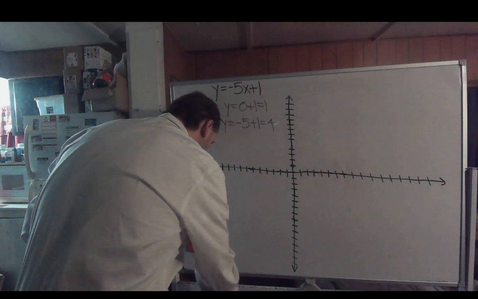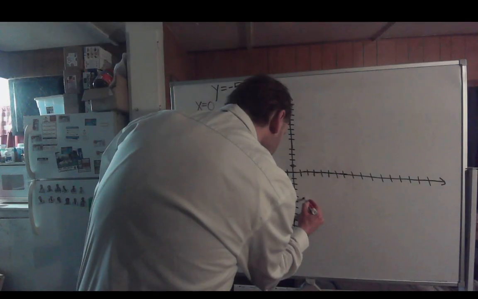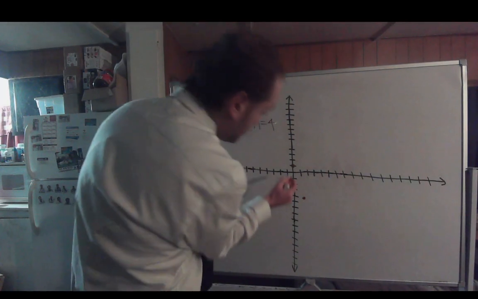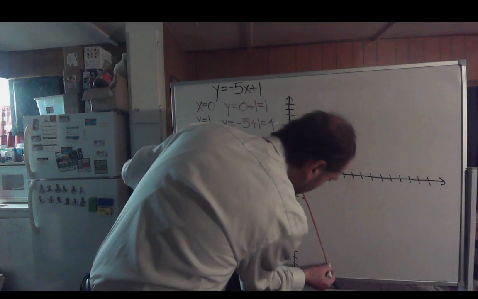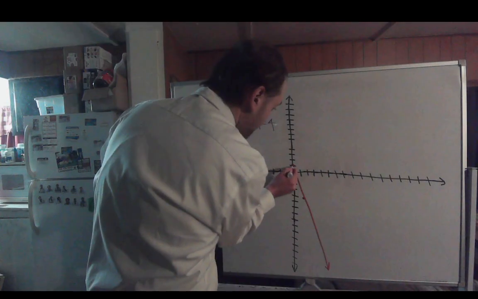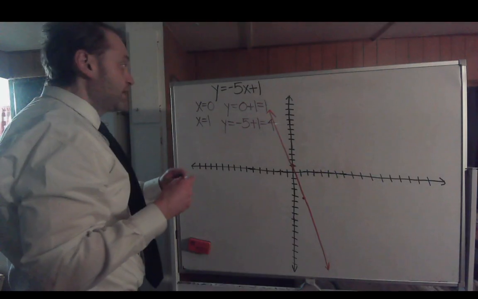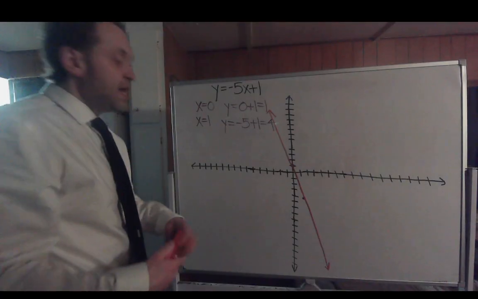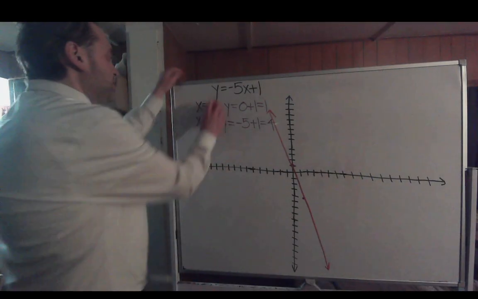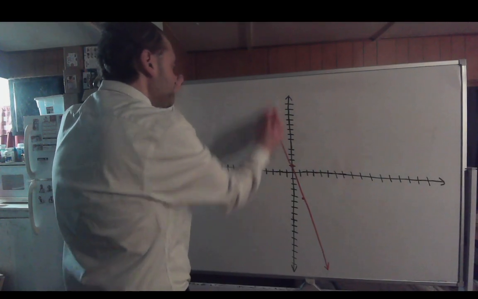So let's plot (1, -4), which would be right here. And now I can just draw a dot and make a nice connection and have a line. And there is my graph of y equals negative 5x plus 1. I think we're pretty good on how to graph lines.